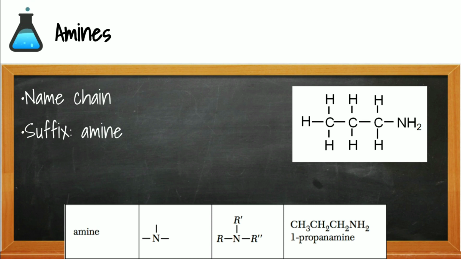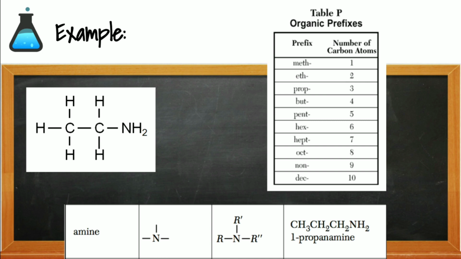So let's see if we can apply this pattern that we see here on our reference table to a different example. Here in this example, we have the nitrogen on the end, and so we know that it is attached to the first carbon in the chain. So we'll adjust the prefix here. So this is called 1-ethanamine.